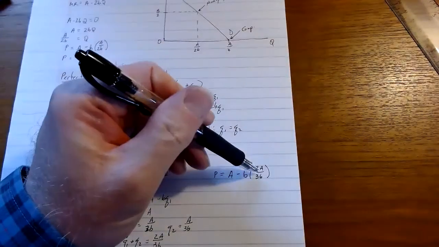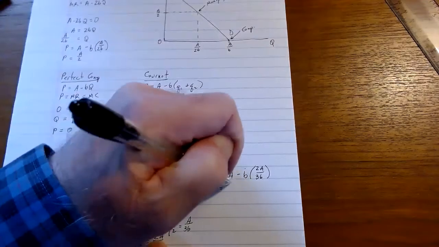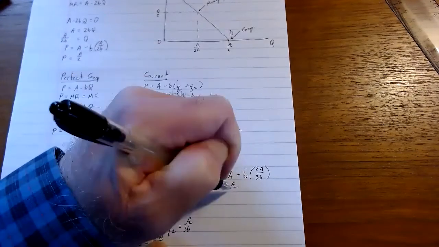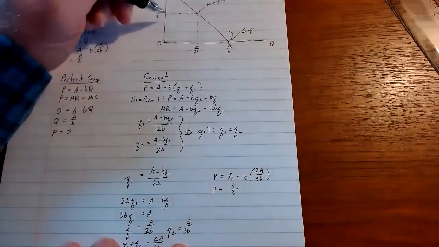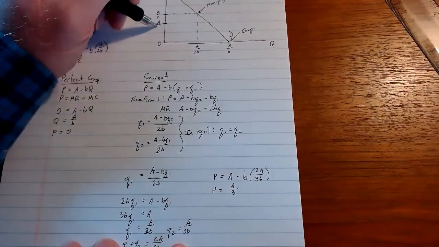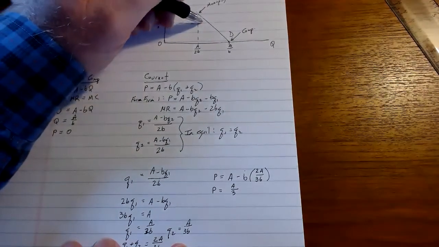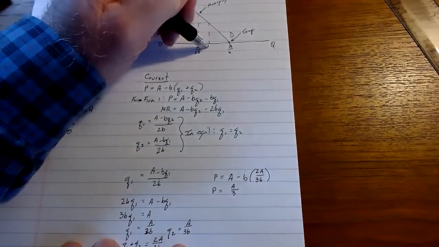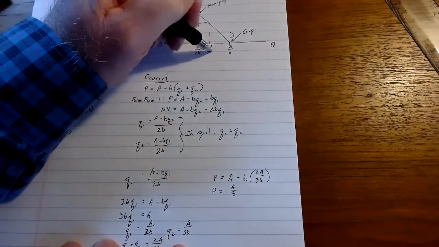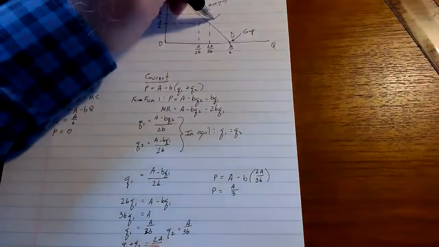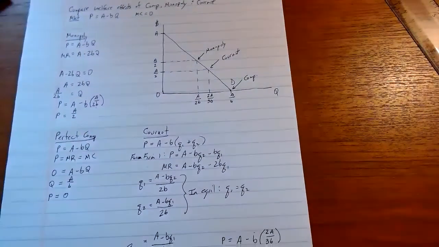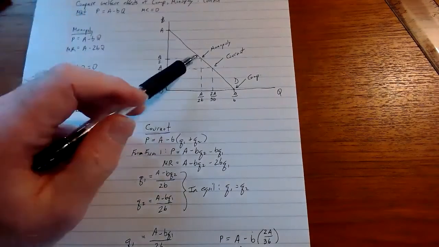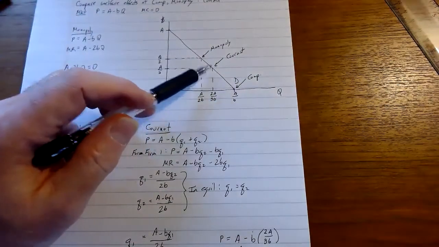So that's going to be A minus 2/3 of A. Price then is A over 3, 1/3 of A. So A over 3 is going to be about here as a price, and the quantity is 2/3 A over B. And so the Cournot duopoly ends up falling right between monopoly and competition, which is sort of what we would have expected.